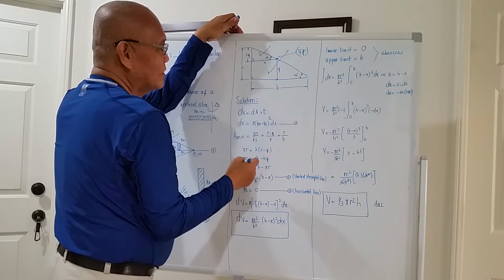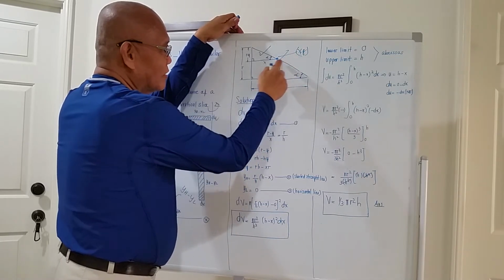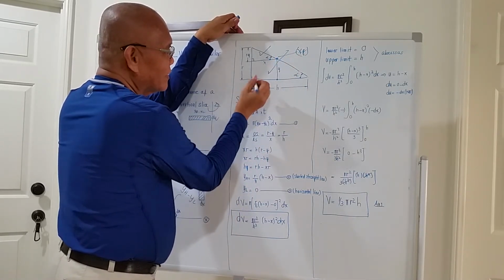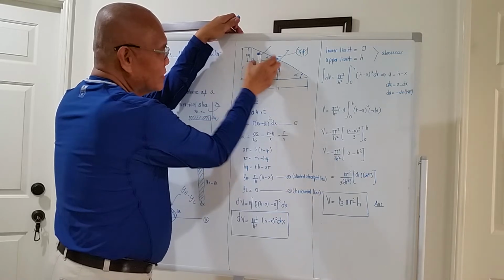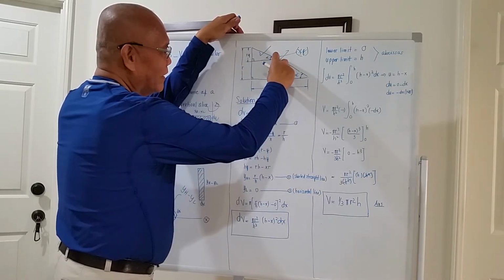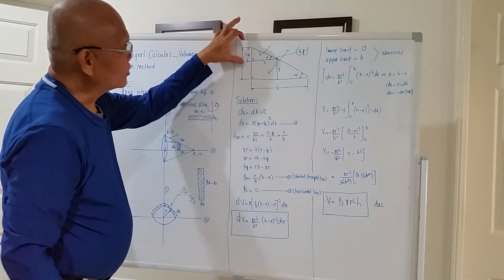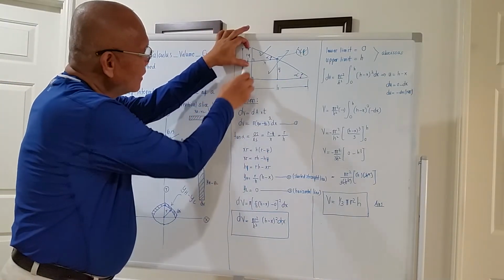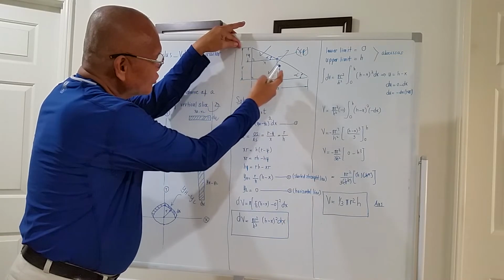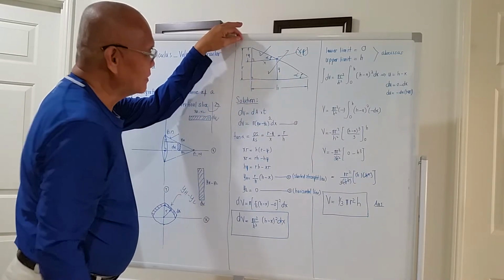Okay. So if the coordinate of this point is xy, this should be x, and this should be y. Okay. This one will be r minus y. So this is r minus y.